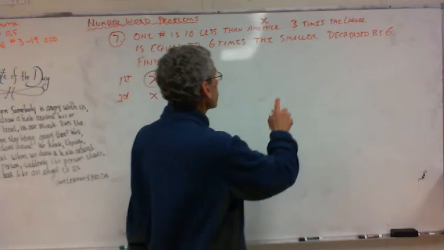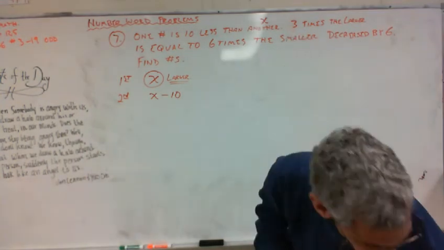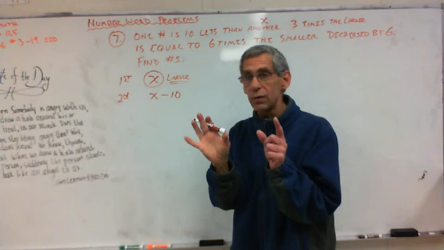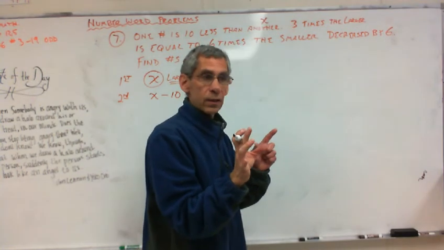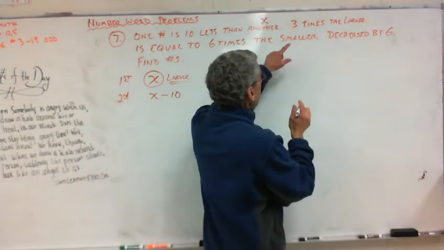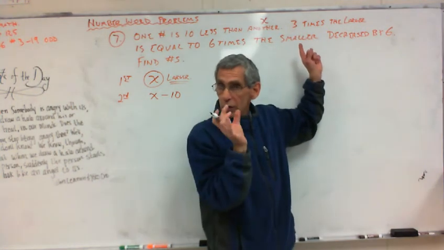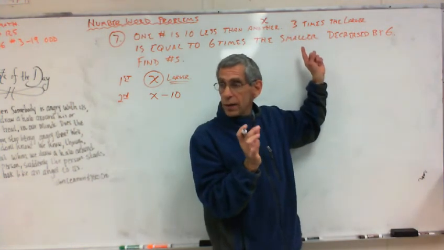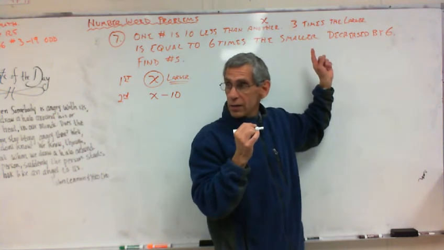Then it says 3 times the larger. Now this is the trick with these problems, so everybody needs to focus and look up here for a second. I'm going to go one word at a time, or one group of words at a time, and underline them, and then write them as part of my equation.